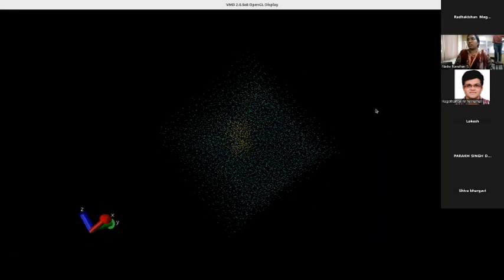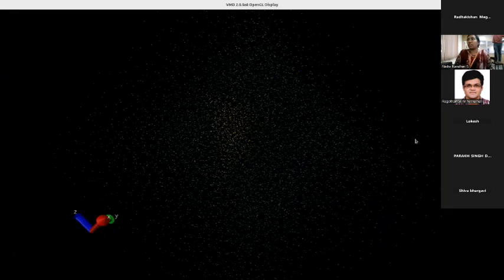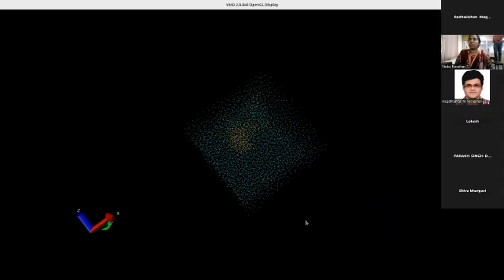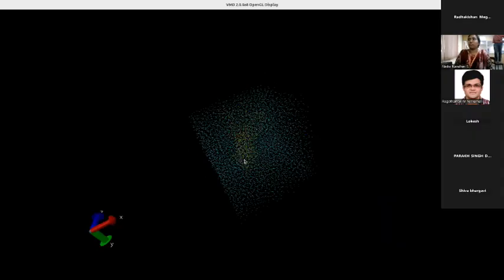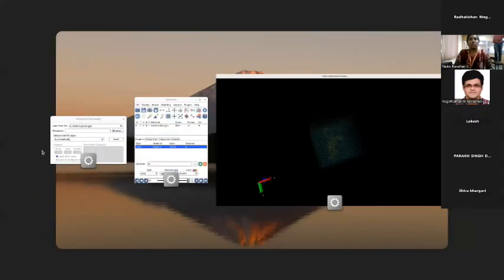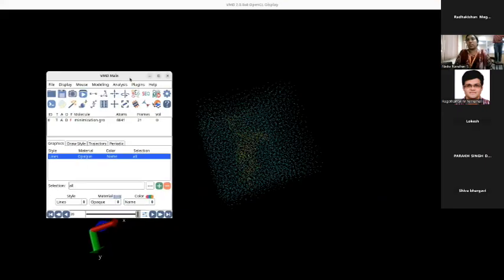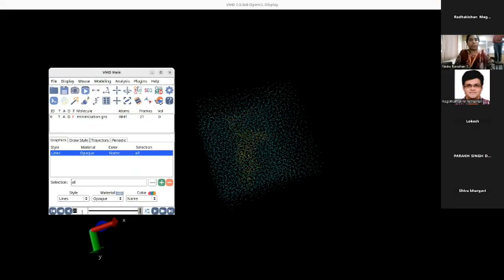Here you can also see the water molecules. At the bottom, you can see the number of frames that have been generated.